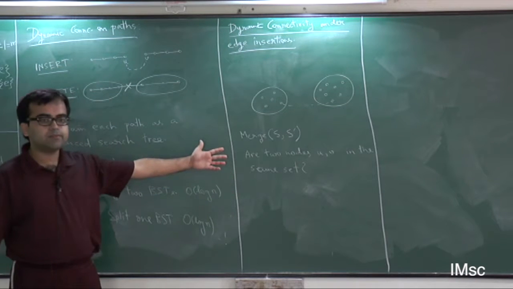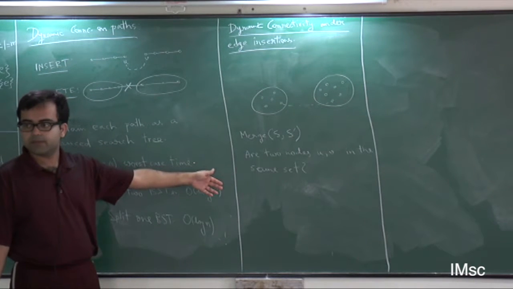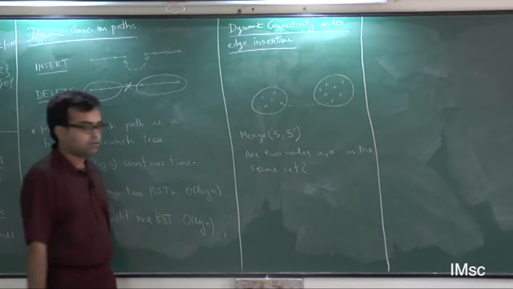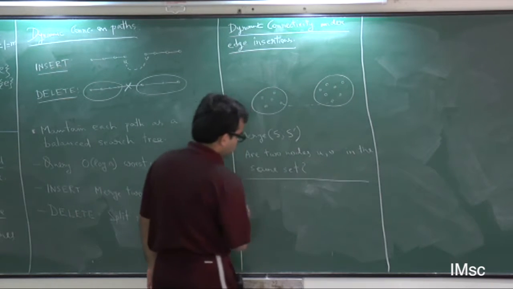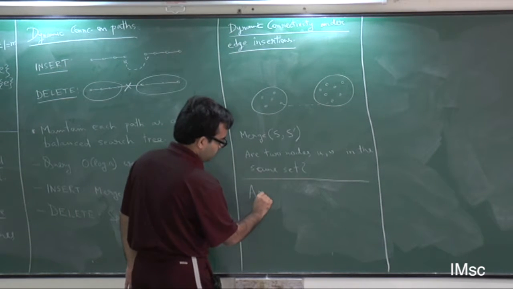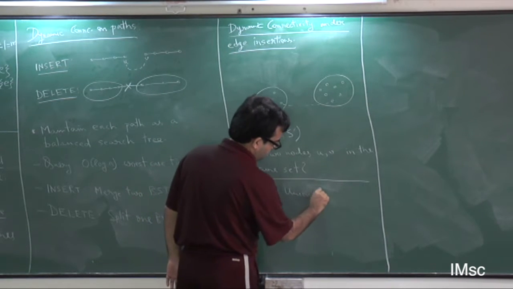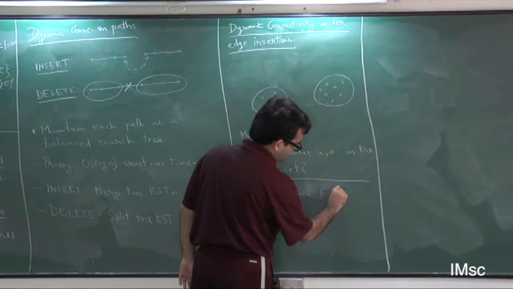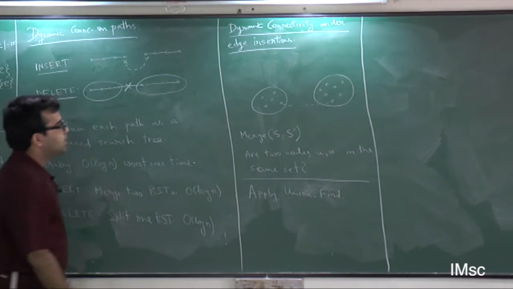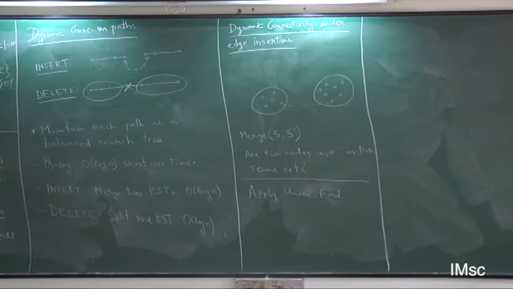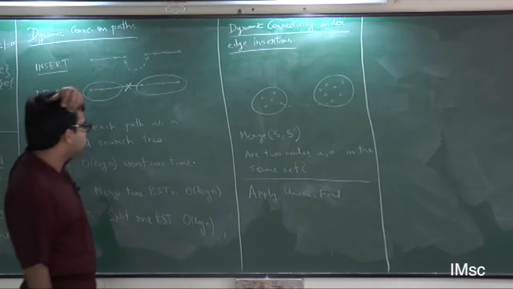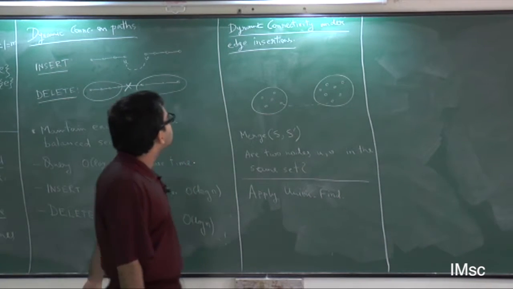Now, this is precisely what the union find data structure will do, right. So, just use union find, and you get order alpha time. Alpha is the inverse Ackermann function. Okay.